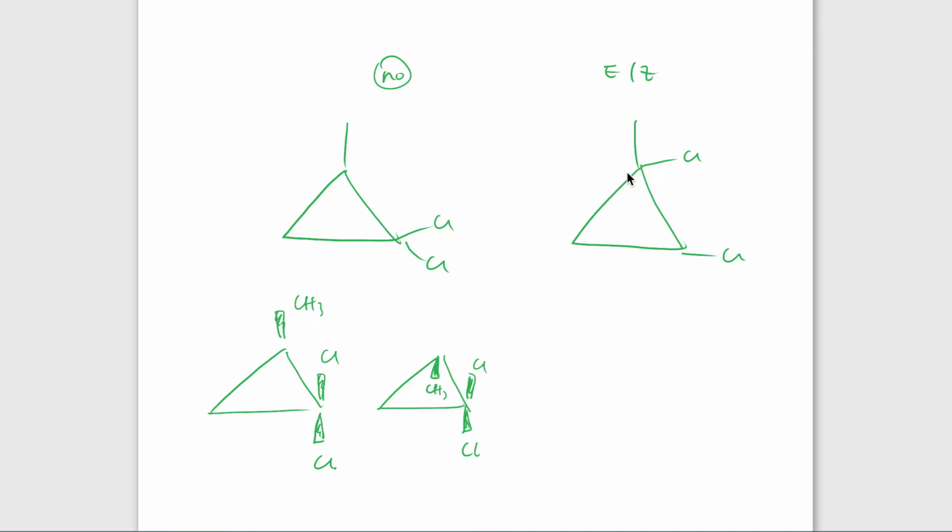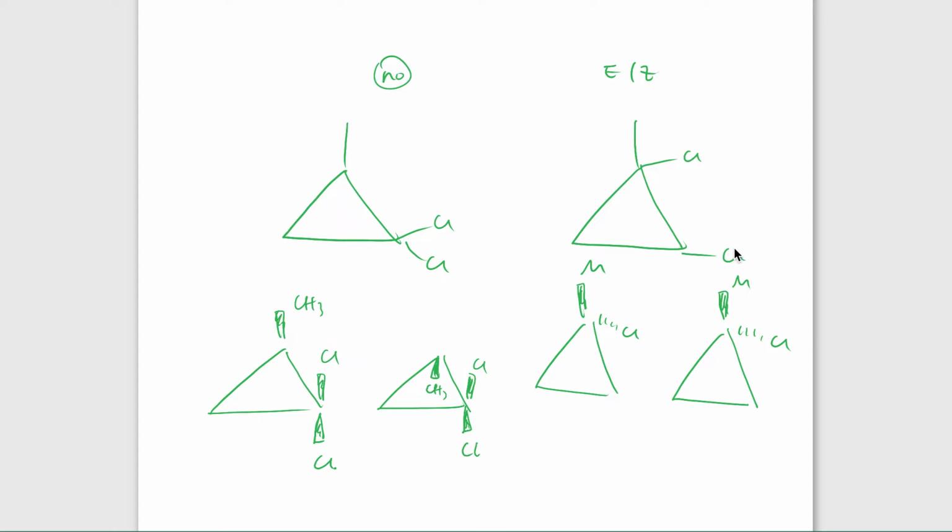However, this one can be cis or trans. You can have the methyl group coming up and the chlorine group going down, and similarly the methyl group coming up and the chlorine group going down.